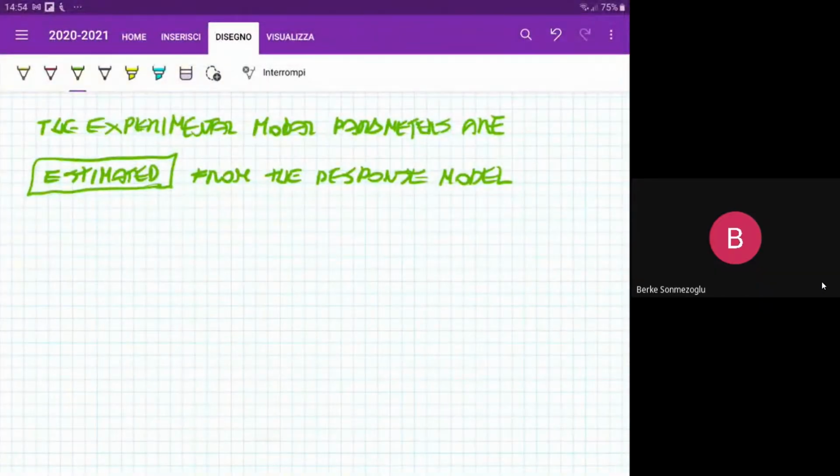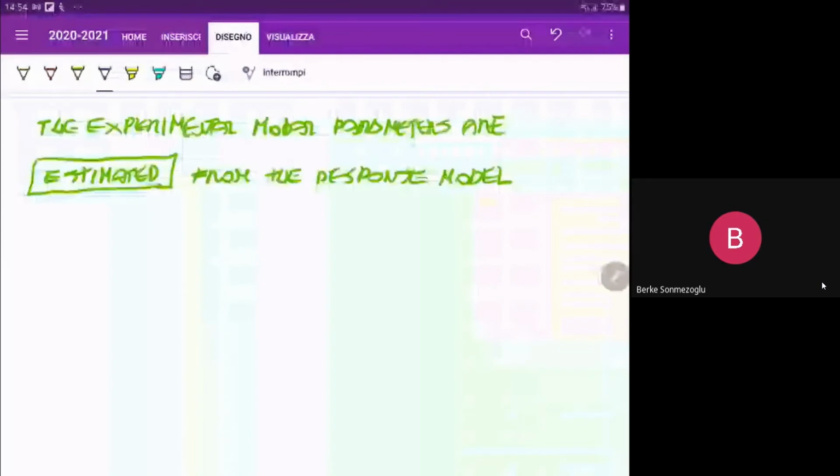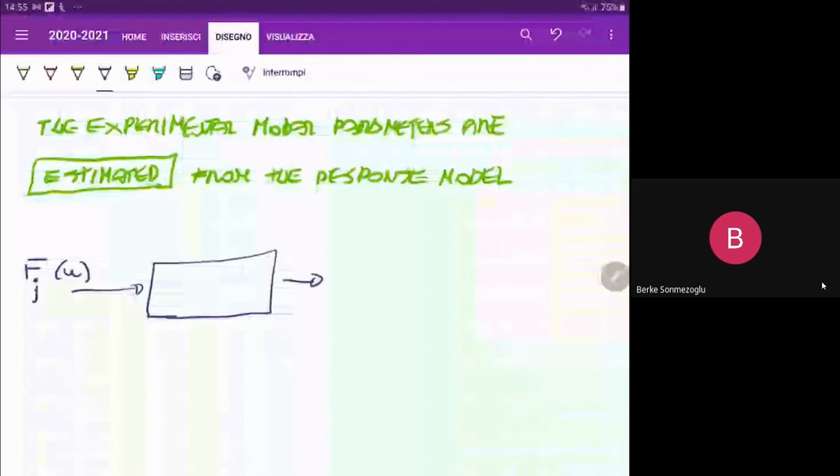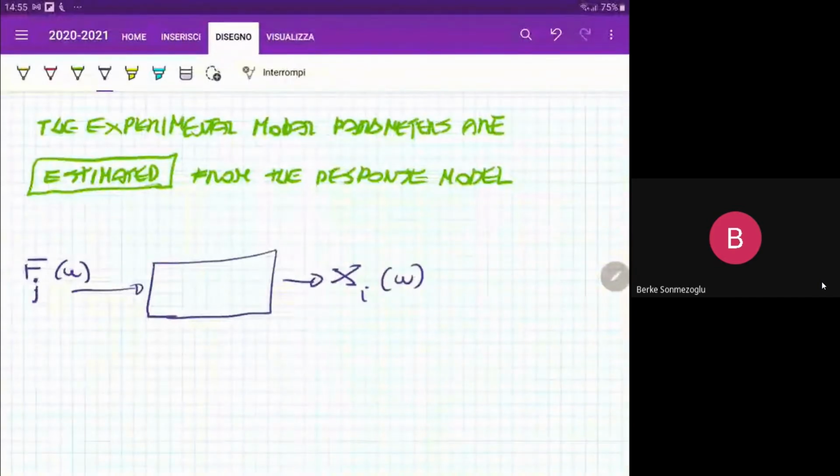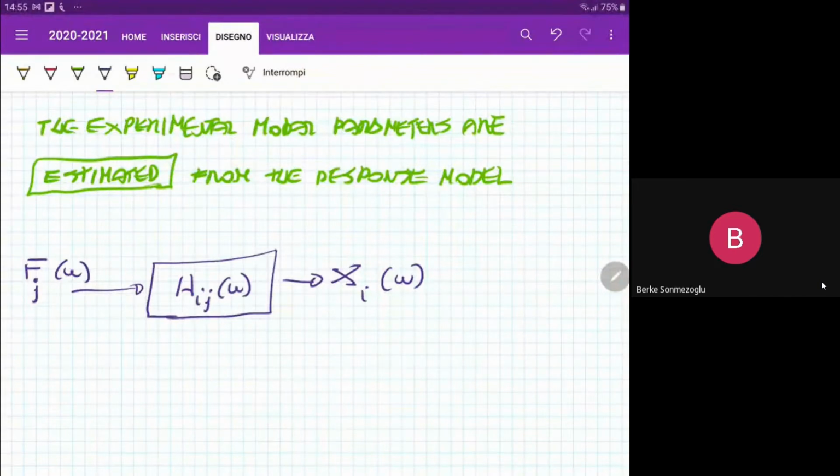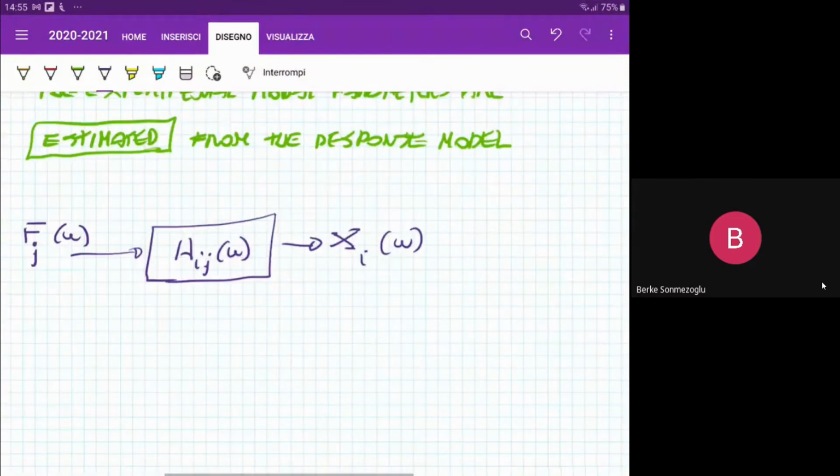Considering whatever system that is excited by an input excitation at the degree of freedom J, with frequency omega, and then we are having an output X at the degree of freedom I, that is always referring to omega, and therefore we are considering this frequency response function that is related to the output I and the input J of your whatever system. We can refer to this relation between the response model and the modal model in this way.